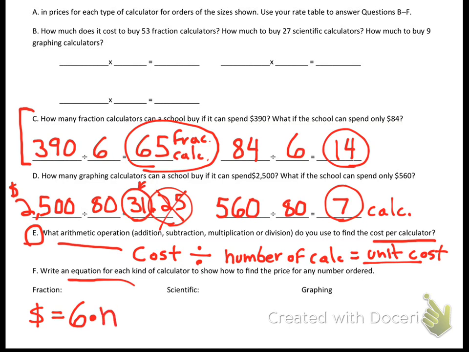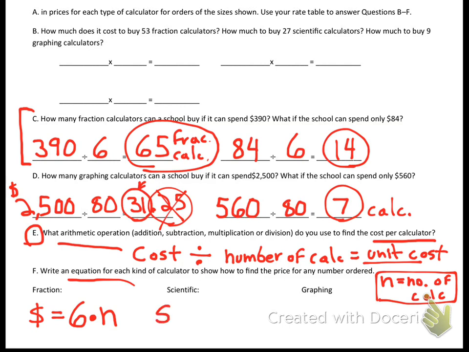So let's use N. And in fact, let's make a little note. N equals the number of calculators. We're going to make that little note for ourselves so that whoever is looking at this knows that we just take the number of calculators times 6 to find our fraction calculators.